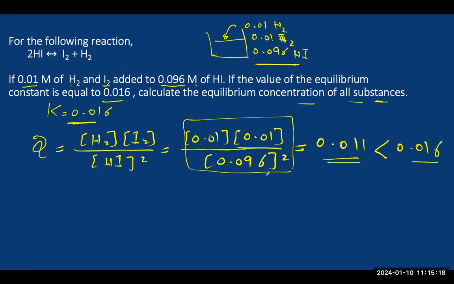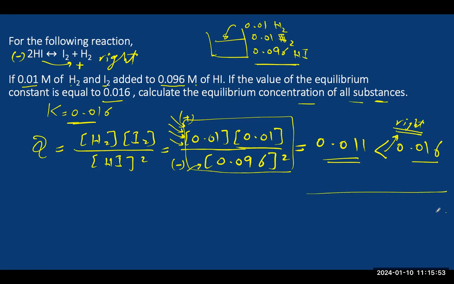To do that, you need to increase the products and reduce the reactants. So we need to shift right. If you shift right, you increase the product and reduce the reactant. The other way is to see where the arrow points. This arrow is directed to the right, so we will shift to the right. So we know this reaction will shift to the right.